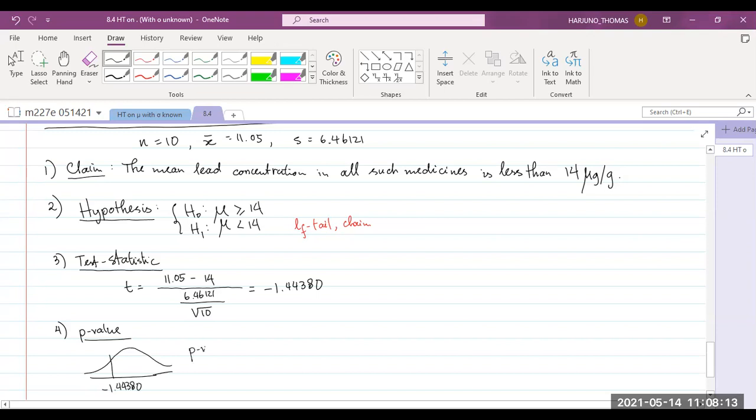So p-value is TCDF of negative 1.4438, degrees of freedom 9. 0.09134.